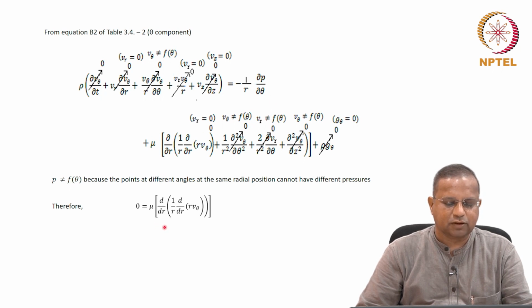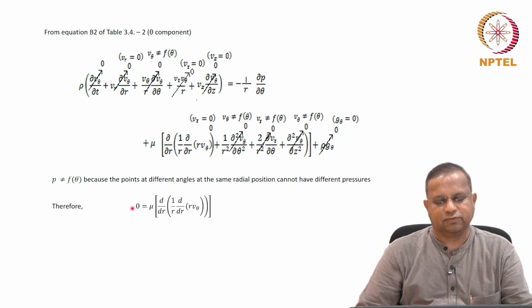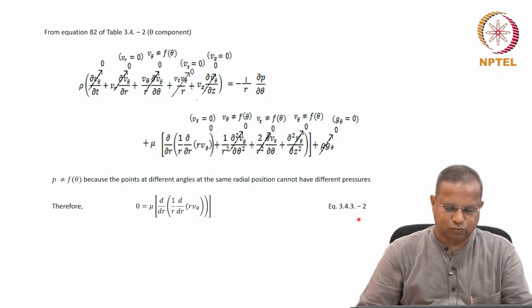So what we get from this is the left hand side is 0, the right hand side only this remains, which is mu, and since r is the only variable here, I can replace the partial with the total derivative, d dr of 1 by r d dr of r v theta, that equals 0. This is equation 3.4.3-2.